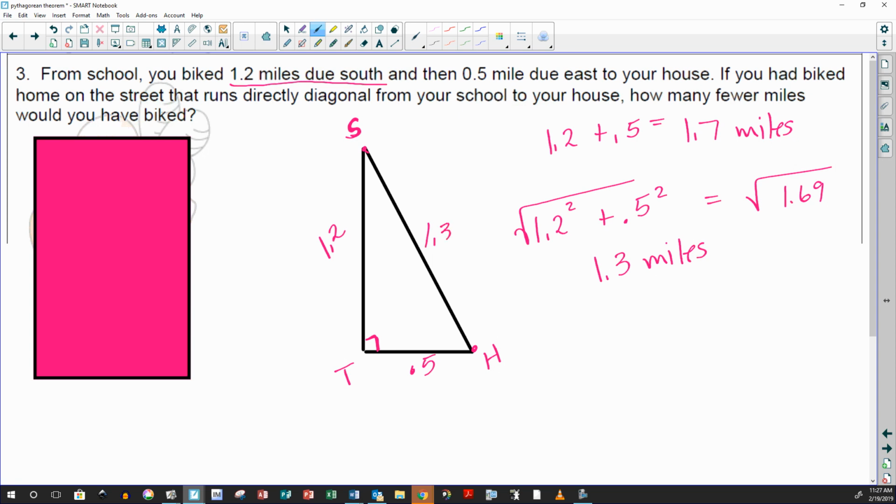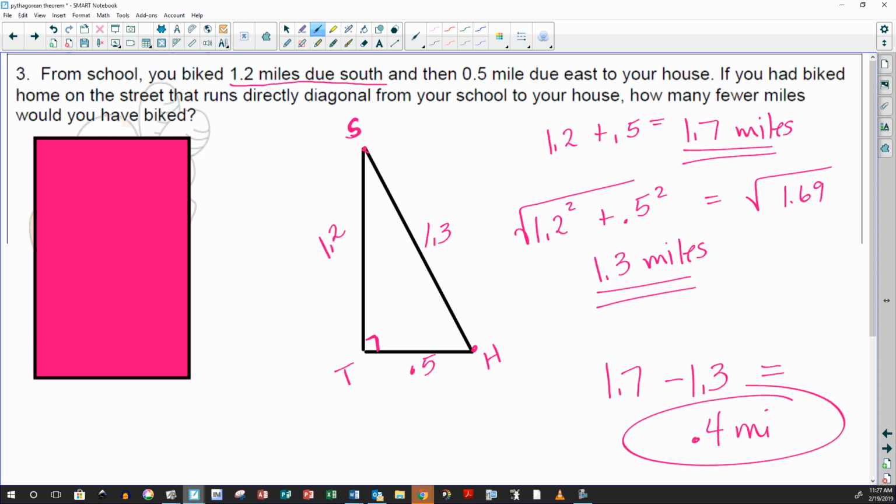So this distance is 1.3 miles. We actually biked 1.7 miles. We could have biked 1.3 miles if we had just cut through, right? They want to know how many fewer miles we would have biked. So 1.7 minus 1.3 is 0.4 miles. So we biked almost half a mile longer than we needed to. Or maybe we just weren't able to, because maybe there was traffic on that road that day. Who knows?